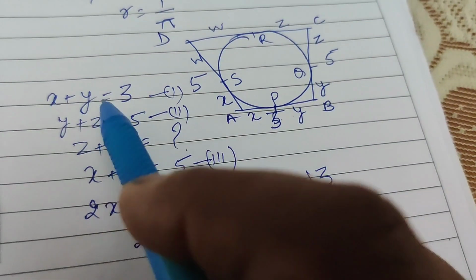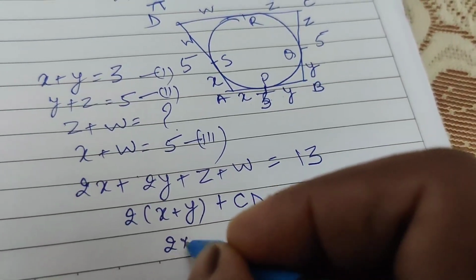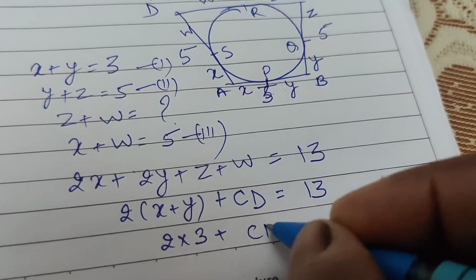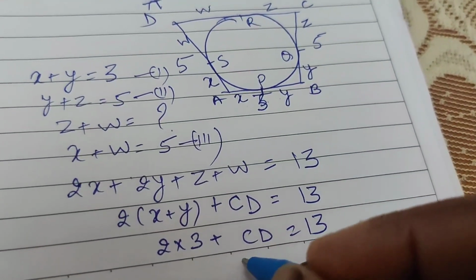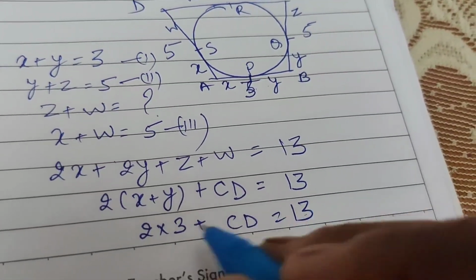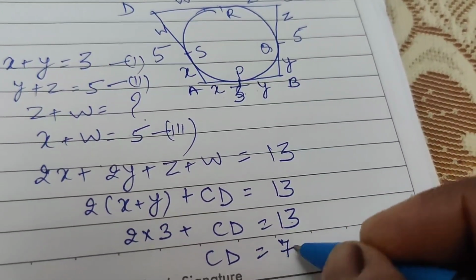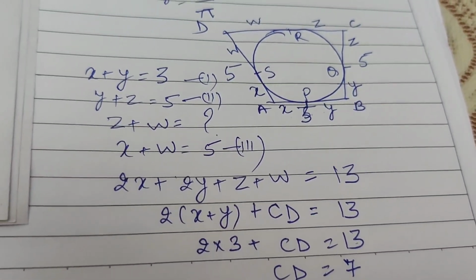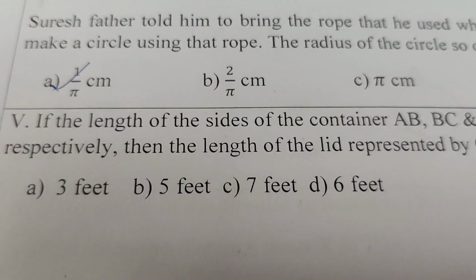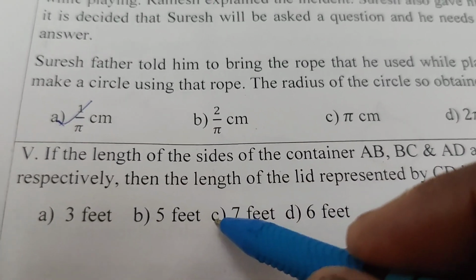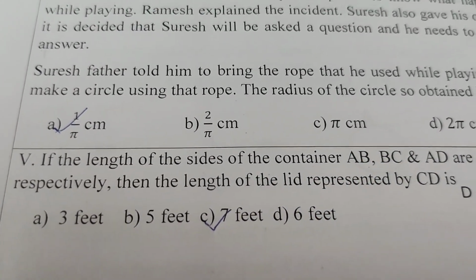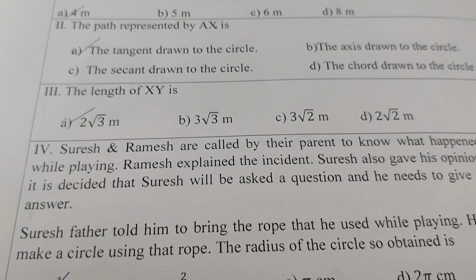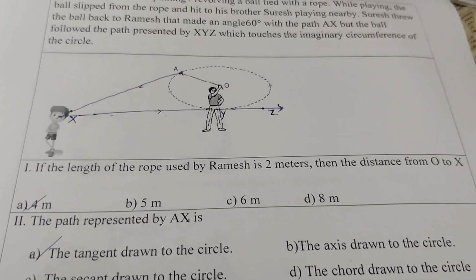X plus y equals 3, so 2 into 3 is 6. It means CD equals 13 minus 6, which equals 7. CD equals 7 feet. The right option is 7 feet. Thank you. This is a case study related to the chapter circles.